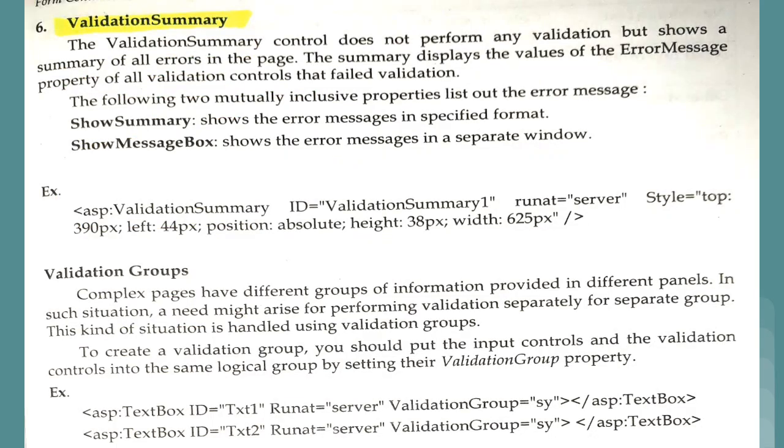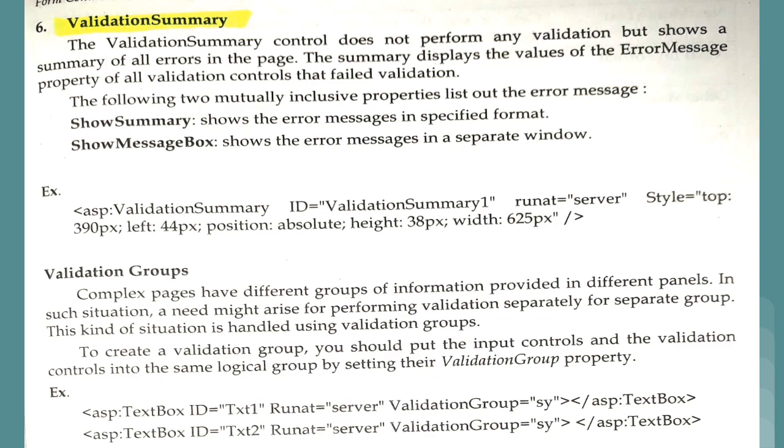And the last one is the validation summary. As I told you previously, it shows all the errors which are present on the current web page once you perform any event. So that is called the validation summary. You don't need to set any other attribute.